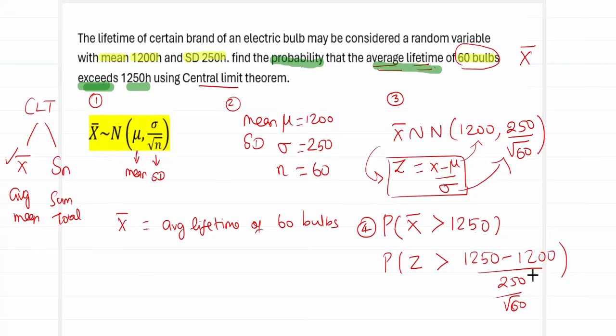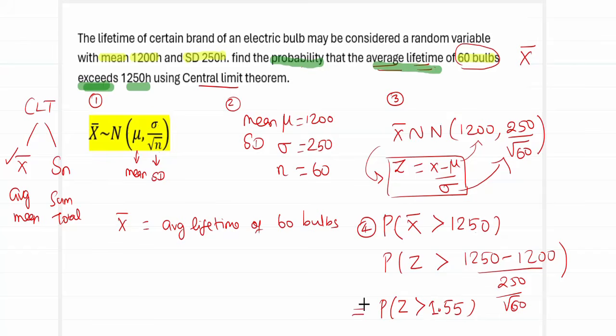Now use your calculators and estimate what is 1250 minus 1200 divided by 250 by square root of 60. So now we have this as Z greater than 1.55. Round it off to 2 places of decimal because our normal distribution table has only 2 places of decimal.